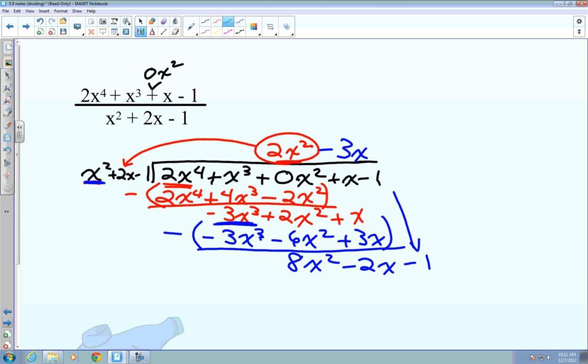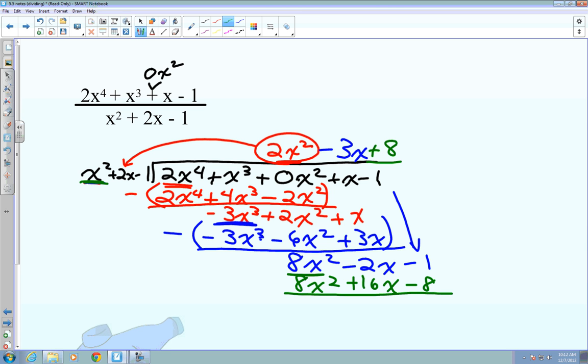Okay. So now I look at x squared. I've got 8x squared, so times x squared will equal 8x squared. We say plus 8. Then I'll multiply it by all. 8 times x squared is 8x squared. 8 times 2x is plus 16x. 8 times negative 1 is minus 8.